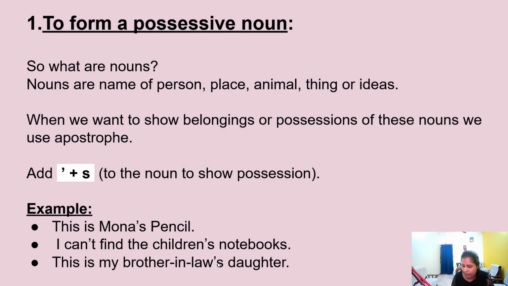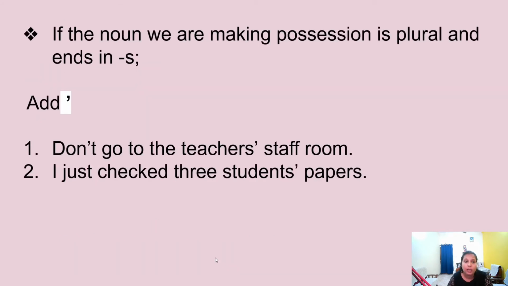Next is, if the noun we are making possessive is plural and ends in s. Plural means more than one. When we say singular, singular means only one person, thing, or animal we are talking about, and when we say plural, it means more than one.